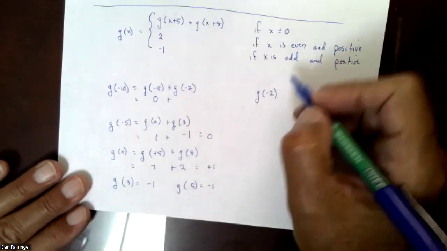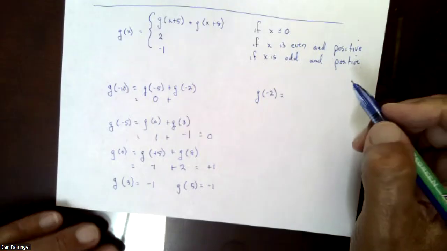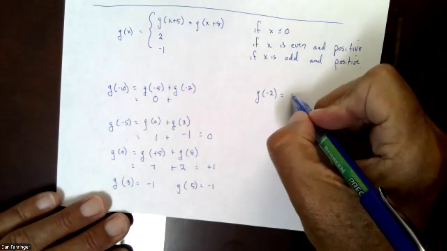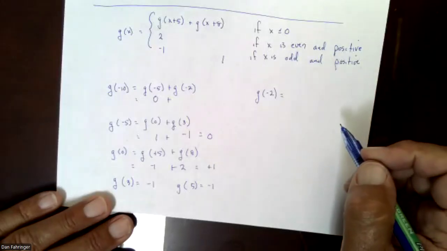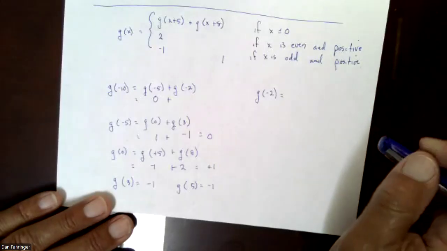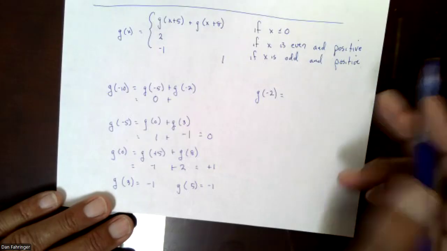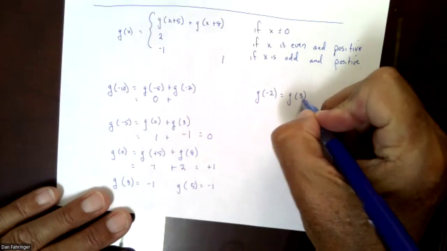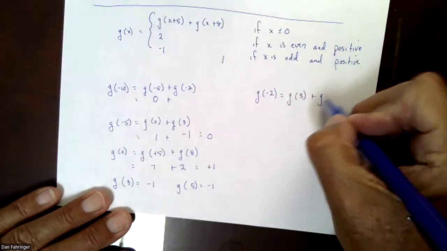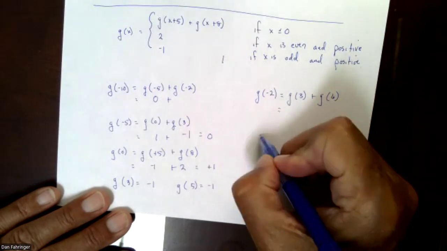Anybody get a final answer yet? Mine came out as 1. I don't know if it was right. I hear 1. Plug in negative 2. That becomes g of 3. Plug in negative 2. That becomes g of 6.